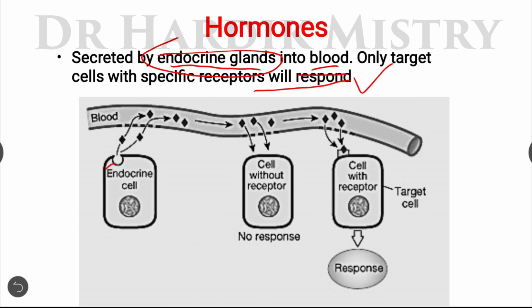For example, that is the endocrine cell, and here the hormone is released into the blood. The cell having the specific receptor for this hormone is going to respond, and the cell without the receptor is not going to respond. So that is the hormone.